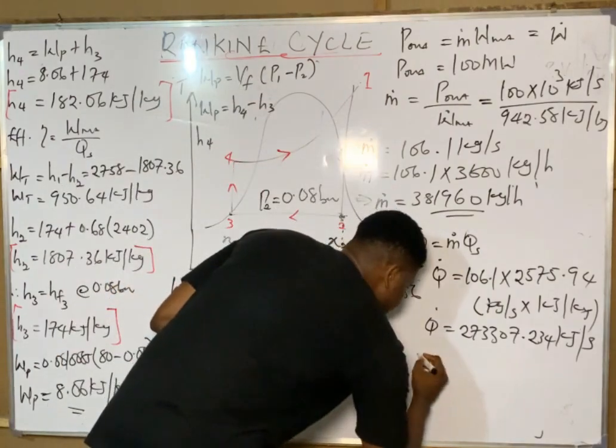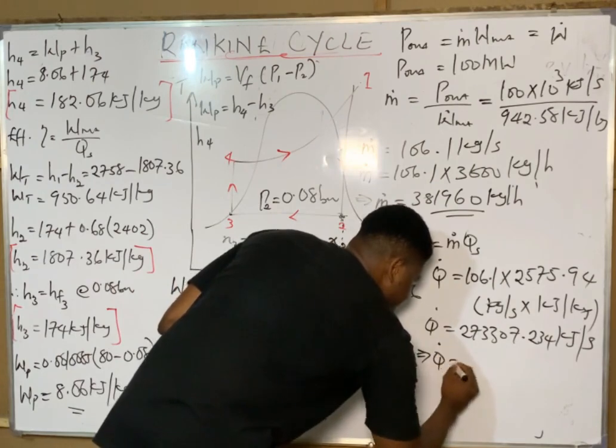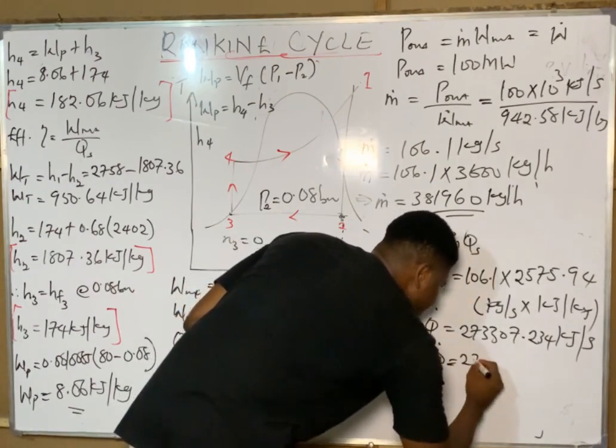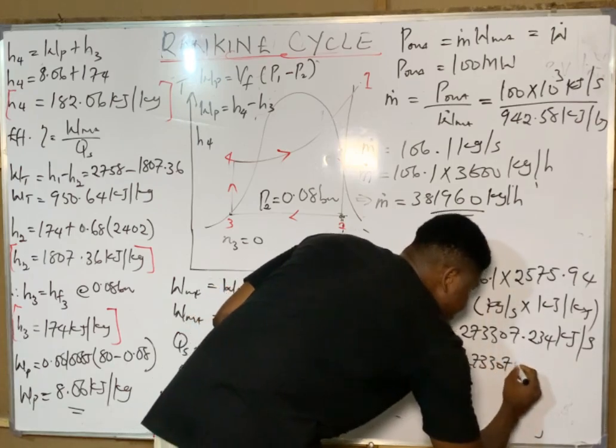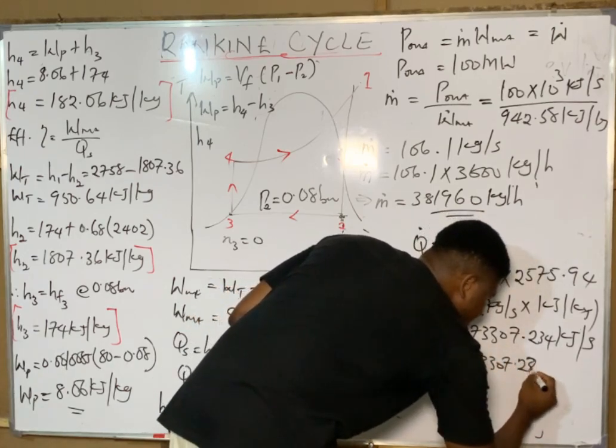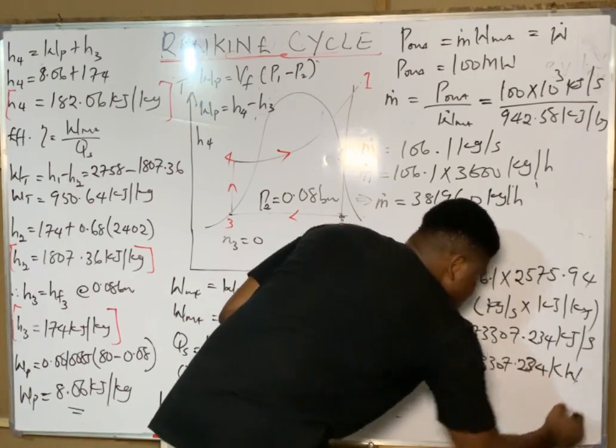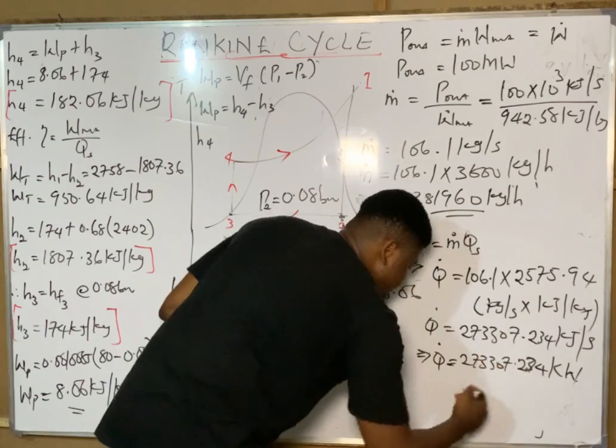So heat flow rate equals 273,307.234 kilowatts, or you can convert this to megawatts.